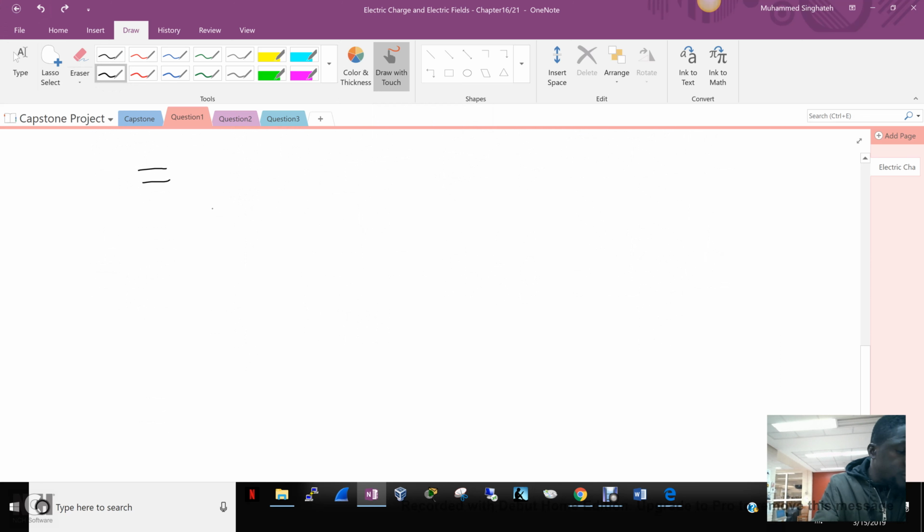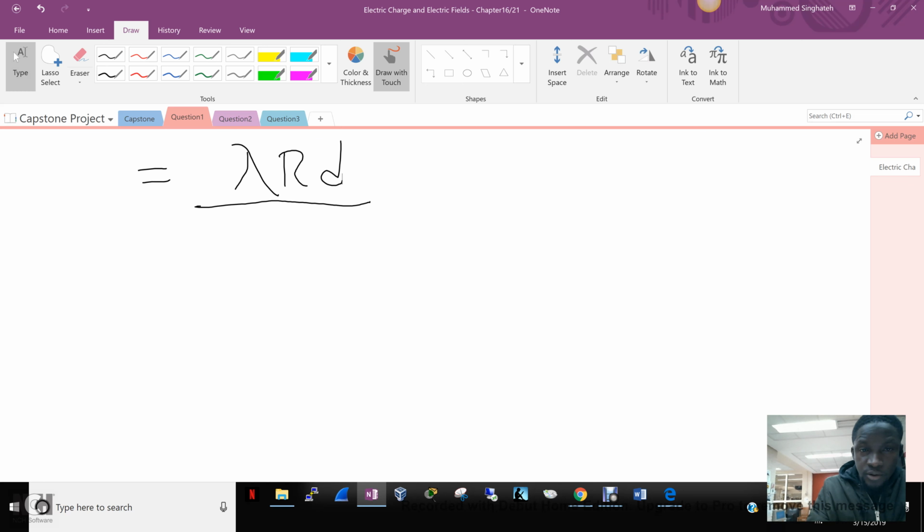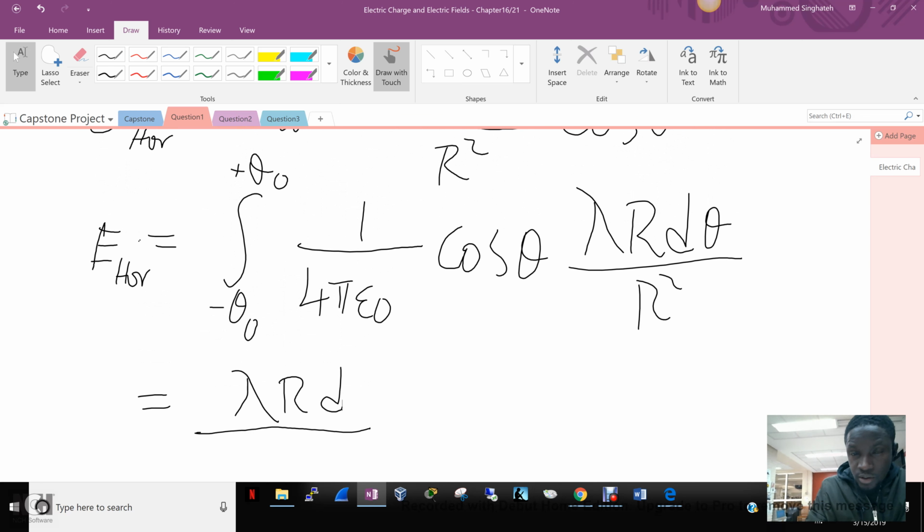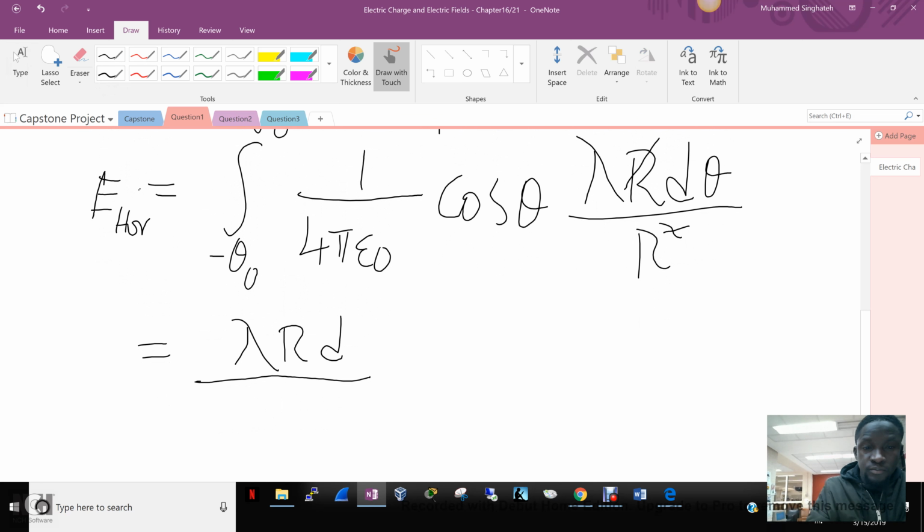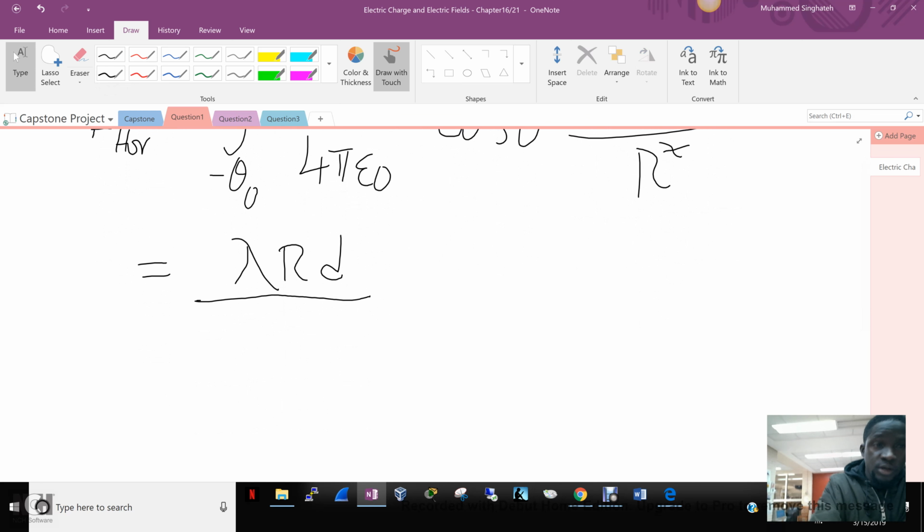again, since we took the integral of that, we could bring the lambda out. Actually, we could cancel this r here, and then this will be just one r. So I'm going to take this r off.